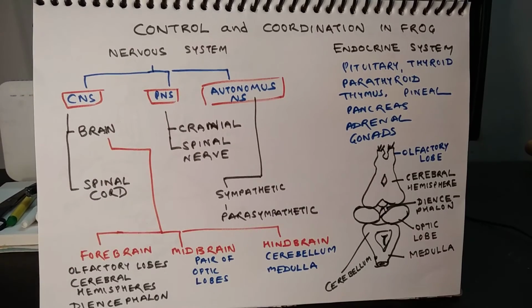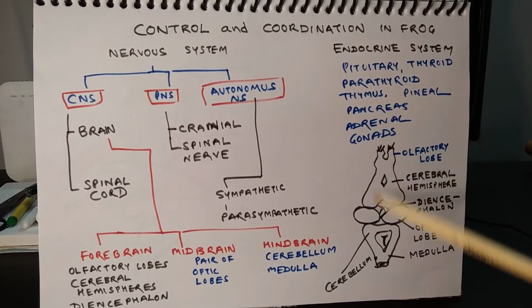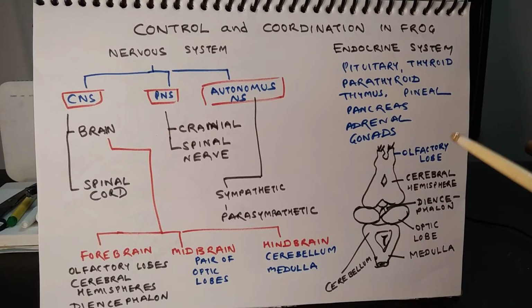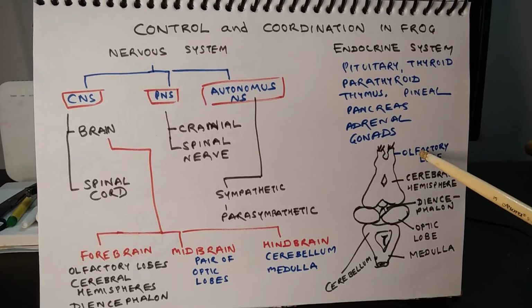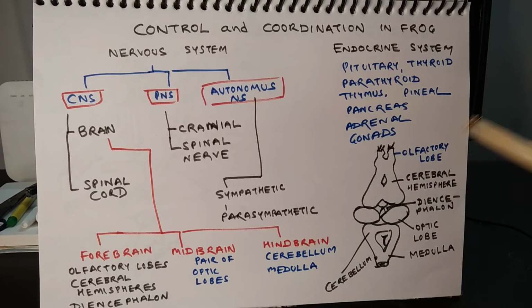This figure shows the structure of brain of a frog. The brain can be divided into three portions: forebrain, midbrain and hindbrain. The forebrain is composed of two olfactory lobes, then there are two cerebral hemispheres and one diencephalon.